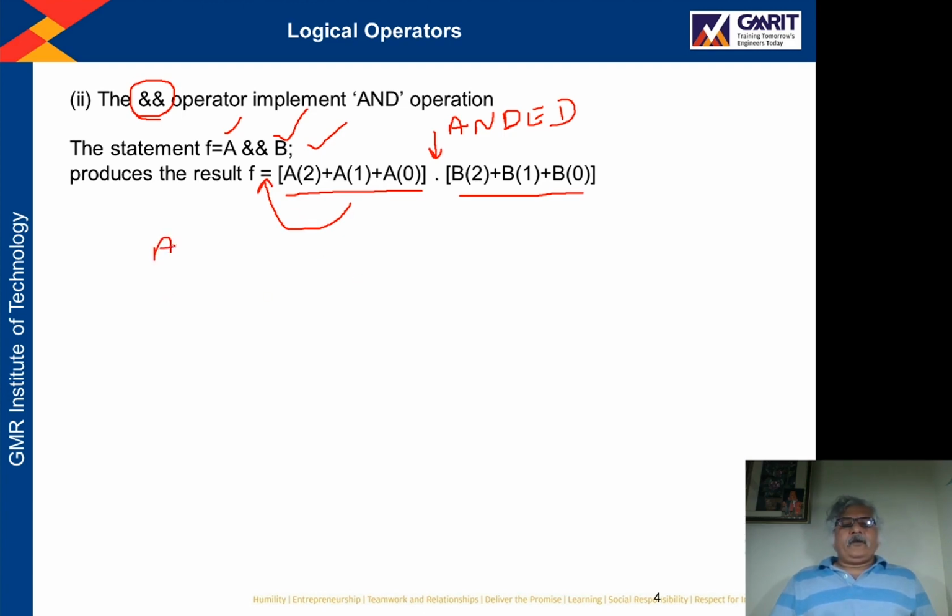Let us assume A is equal to 1 1 0, B is equal to 0 1 0, and we have written this statement F is equal to A double ampersand B.